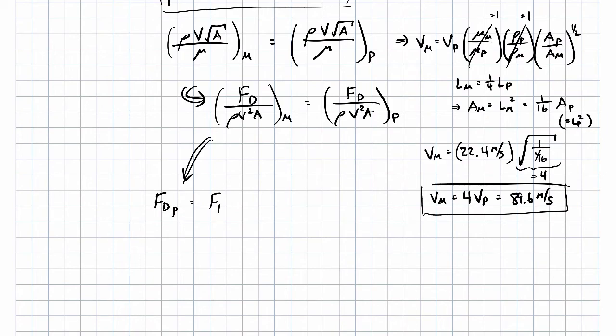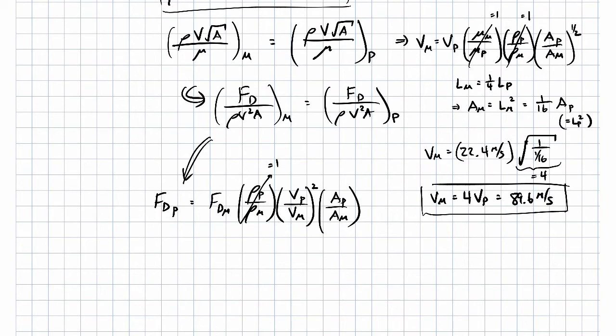Drag force prototype will be the drag force in the model times density in the prototype over the density in the model, times the velocity of the prototype over the velocity of the model, that's squared. And then the area of the prototype over the area of the model.